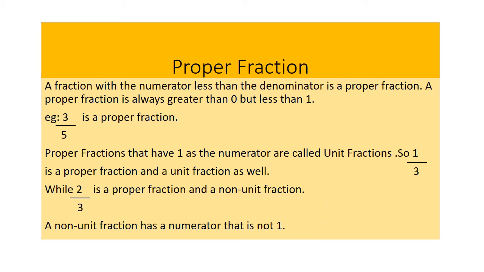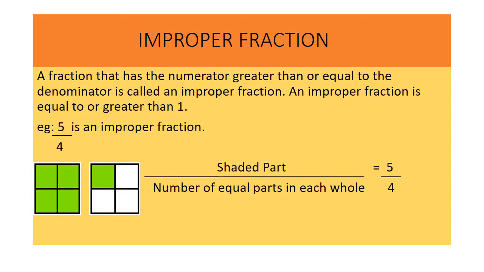Let's move further. Now students, we will understand what an improper fraction is. A fraction that has the numerator greater than or equal to the denominator is called an improper fraction. An improper fraction is equal to or greater than 1.